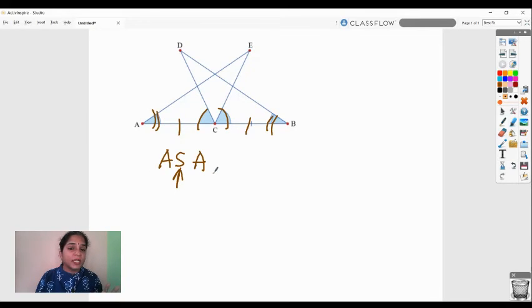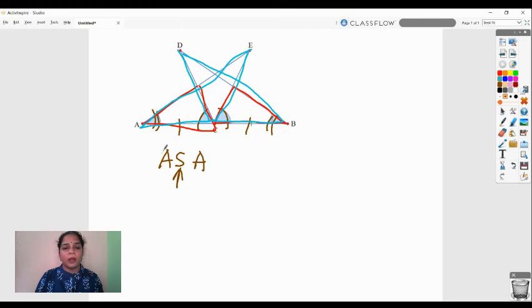Now, many students get confused. First of all, what triangles to consider, because it's a complex figure. Basically, all three things, the angles and sides, are part of two sets of triangles. It could be these two triangles, or it could also be this triangle and this triangle.